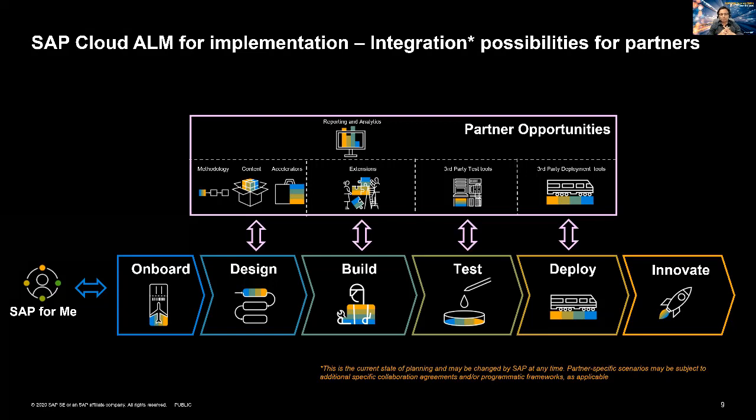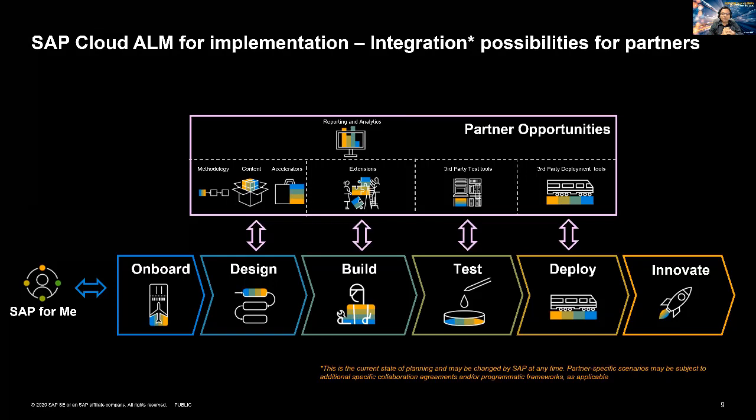Third-party deployment tools. Here, this is an interesting play, especially when you're talking about CI/CD pipelines, DevOps scenarios, Agile and Scrum technologies that are being used. And it's quite heterogeneous if you really look at the landscape when you're really looking at your customer ecosystem. And in such a scenario, Cloud ALM can be that engine which manages the end-to-end, but wherever you need those touch points, then you can leverage them through the third-party deployment.